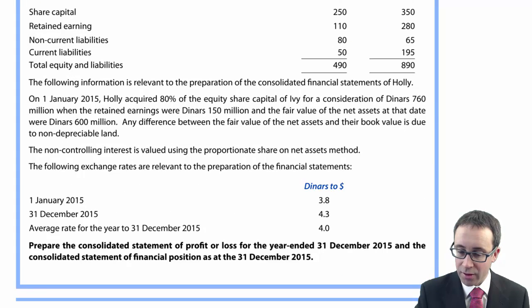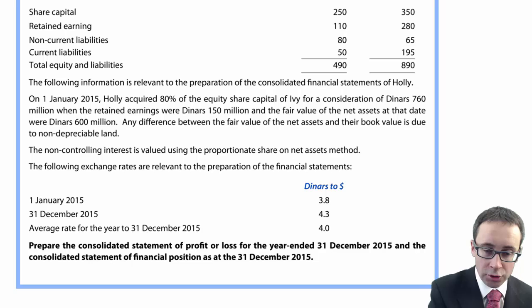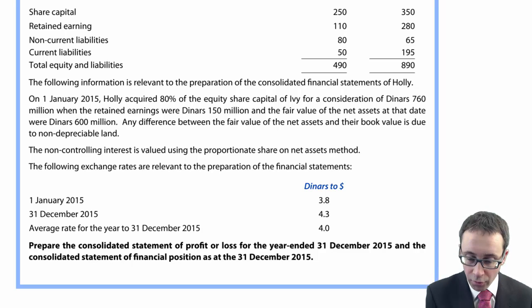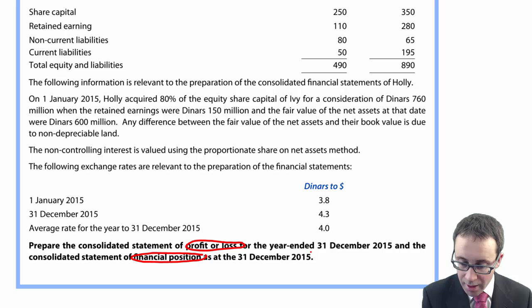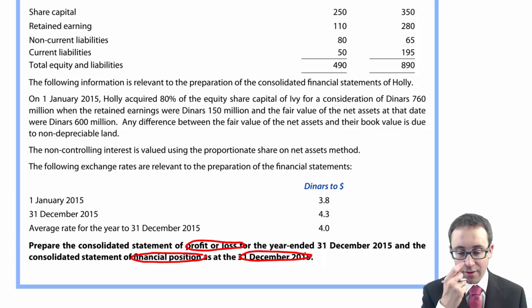So here, if we go through and have a look at the example, just be aware it does ask for the consolidated statement of profit or loss, also the consolidated statement of financial position, both of them there at the same date, December 2015.